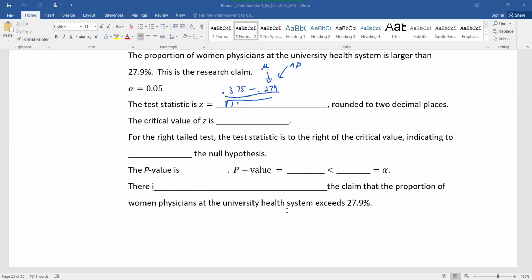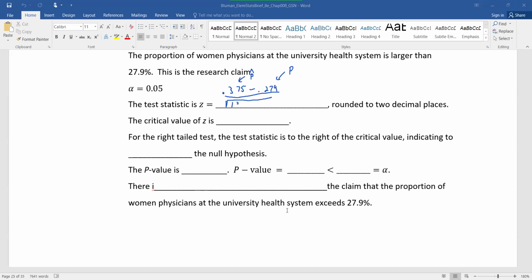I guess we're not using that equation yet. Okay. So this mu here is then our P, our probability of the population, and this is your P hat, which would be the probability that you got, which was 45 out of 120.